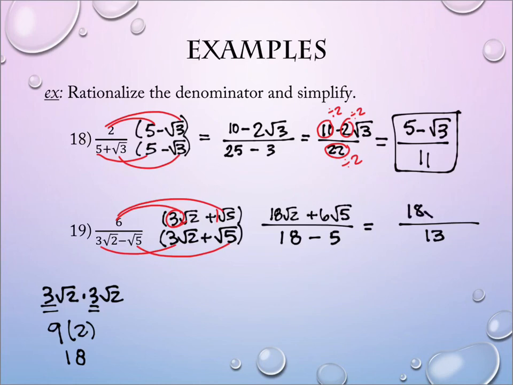And on this one, square root of 2 plus 6 square root of 5. I don't have like I did on the last one. I have 18, I have a 6, and I have a 13. There's no way to combine those. The two radicals on top have different radicands, so there's no way to combine those either. So at this point, I'm finished on this problem.